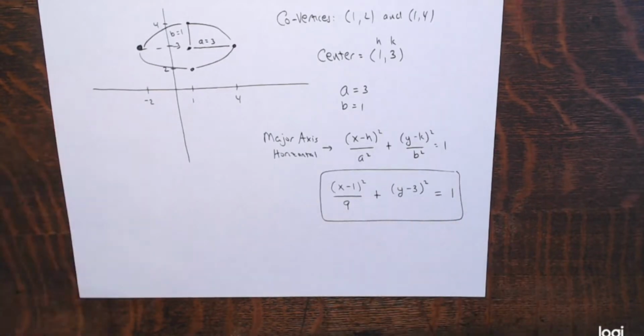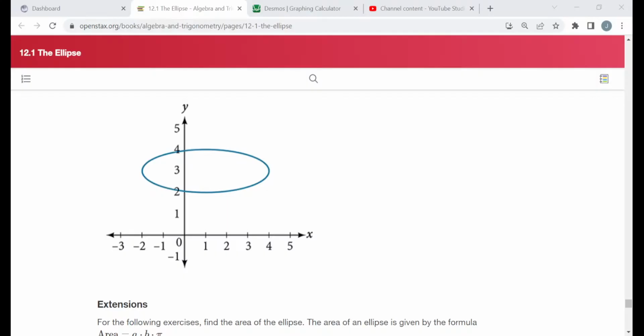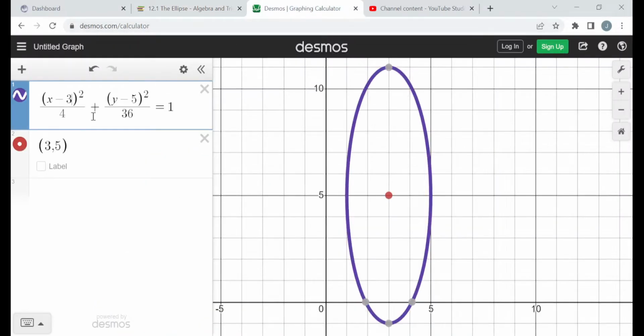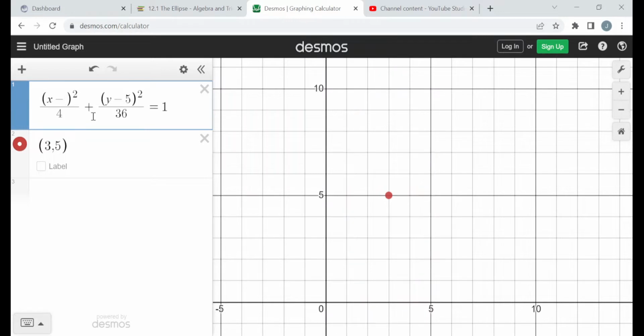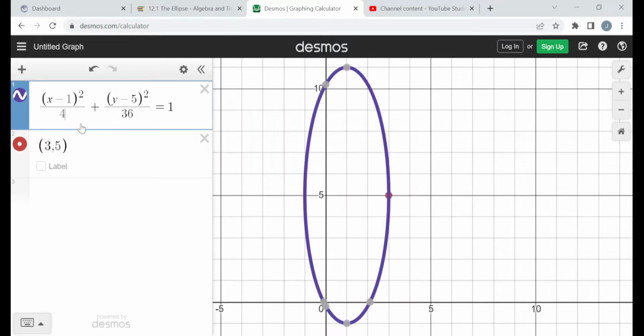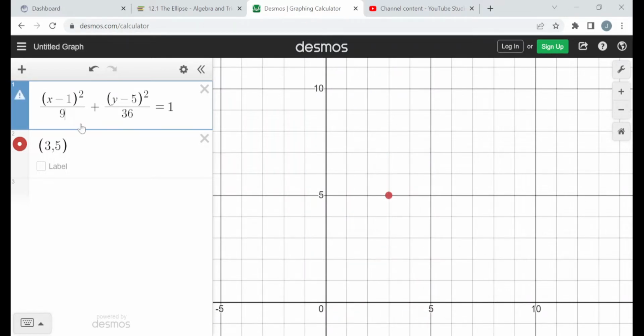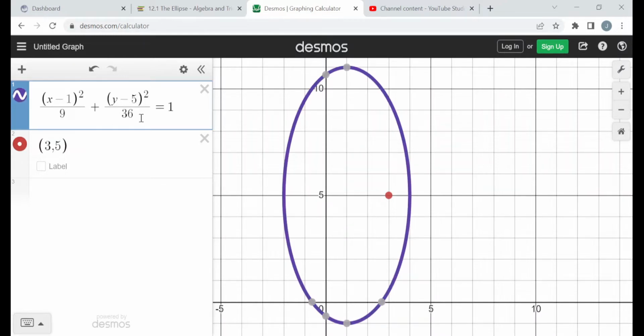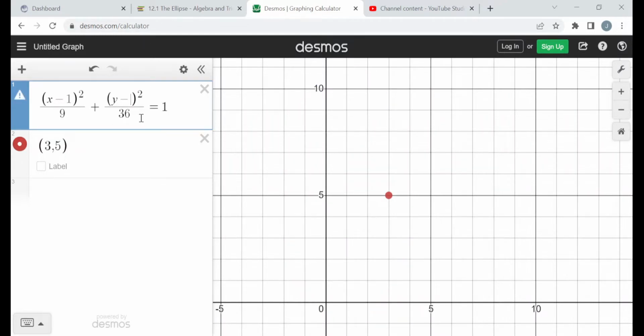Okay, and then we can put this into our Desmos site and see if it actually matches what this graph looks like here, and it should. All right. So we had x minus 1 squared divided by 9 plus y minus 3 squared divided by 1. So let's get rid of that, equals 1. There you go.